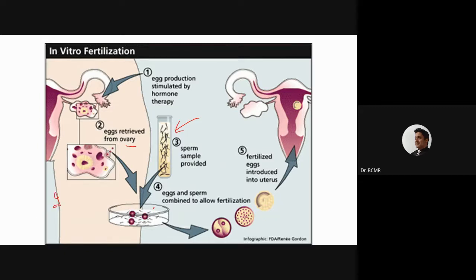And in vitro is for vitreous or glass, right? Or test tube baby, you call them. In in vitro fertilization, we are facilitating the fertilization to occur in the petri plate or test tube, and then take the embryo and implant it into the uterus of the mother. So that is basically the simplest way of saying in vitro fertilization.